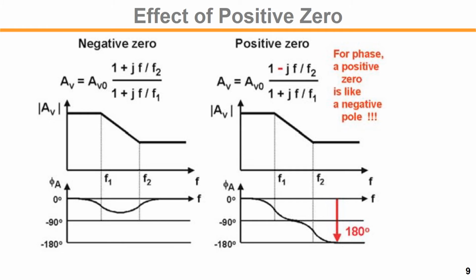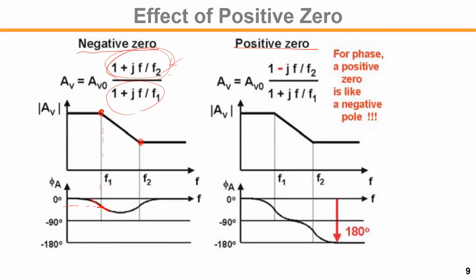This is the example of one negative zero and positive zero. The equation shows one pole and one zero. For the negative zero, let's say we have a pole at F1 and a zero at F2. For the negative zero, the phase shift is positive. If you look at this angle, that angle is positive. So the phase shift at the first pole will be 45 degrees here, right?